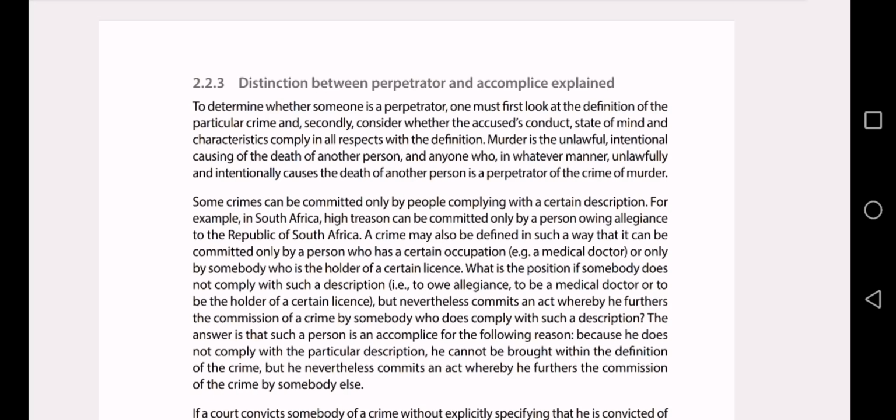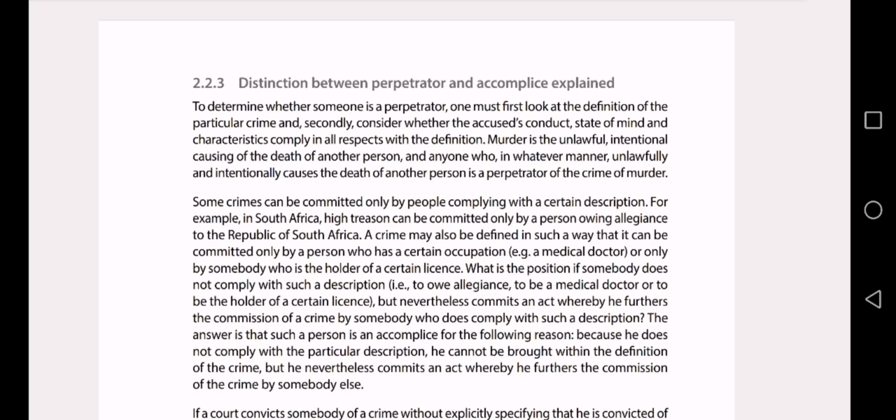What is the position if somebody does not comply with the description, i.e., to owe allegiance, to be a medical doctor, or to be the holder of a certain license, but nevertheless commits an act whereby he furthers the commission of a crime by somebody who does comply with such description?